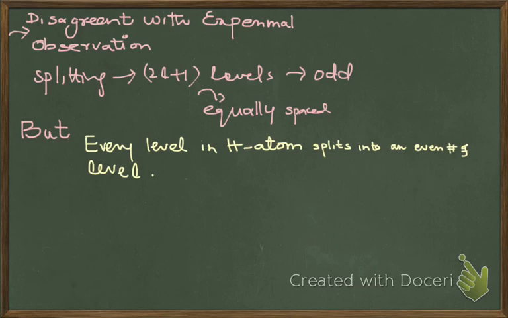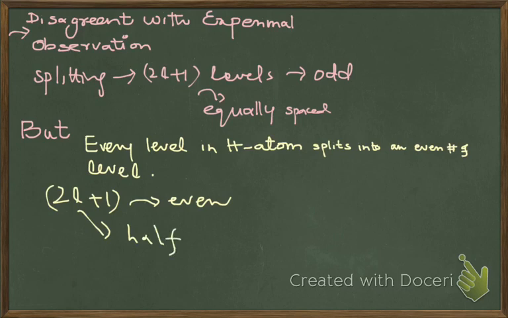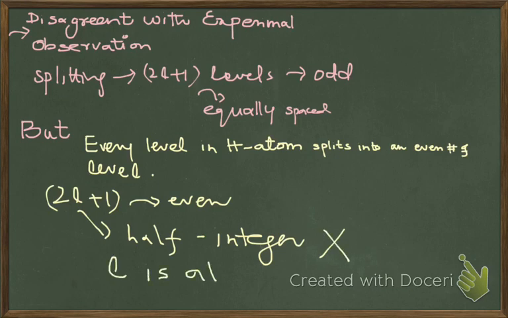To make 2L plus 1 even, we should take L as half integer. That is not true, because L always has integer values.